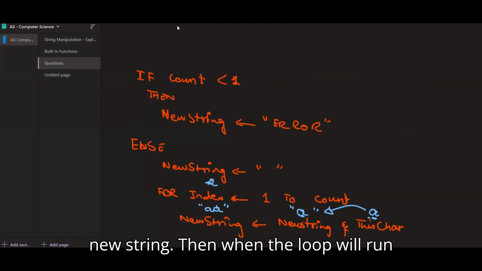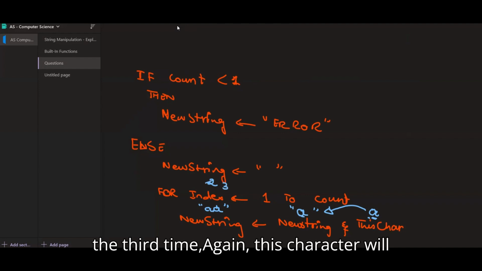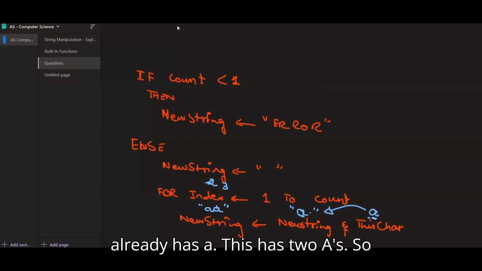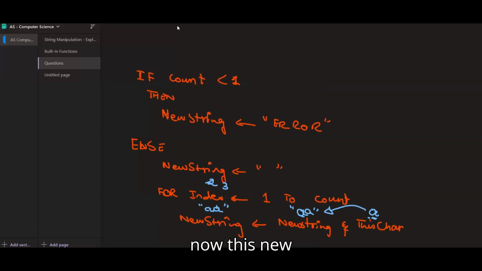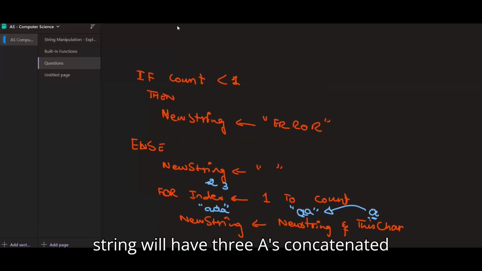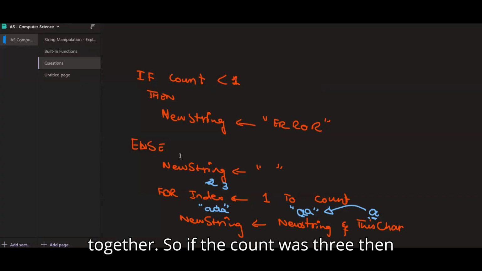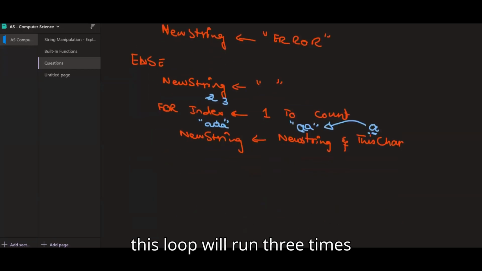Then when the loop will run the third time, again this character will have A, this has two A's, so now this new string will have three A's concatenated together. So if the count was three, then this loop will run three times.